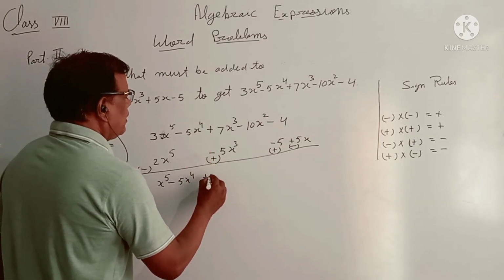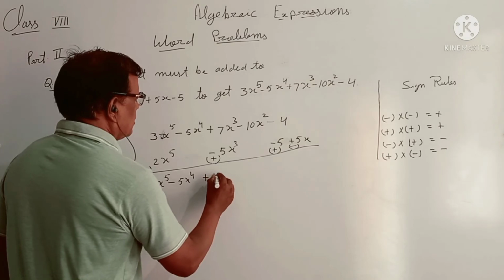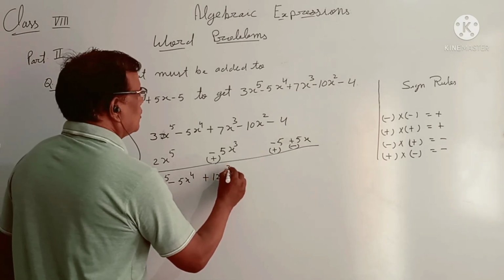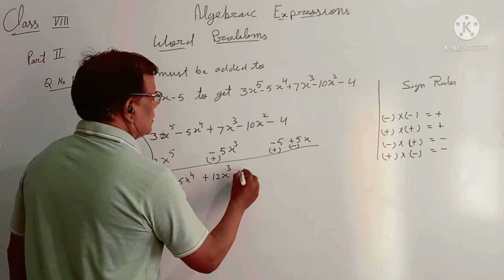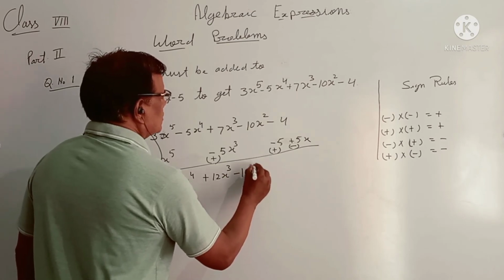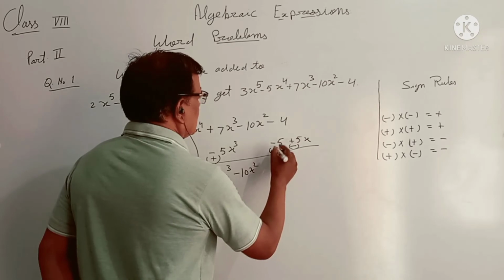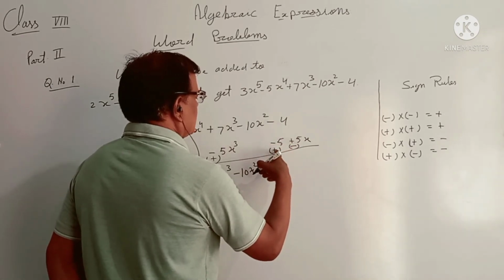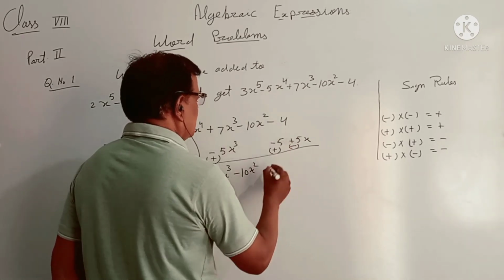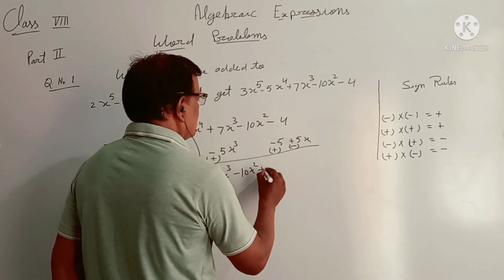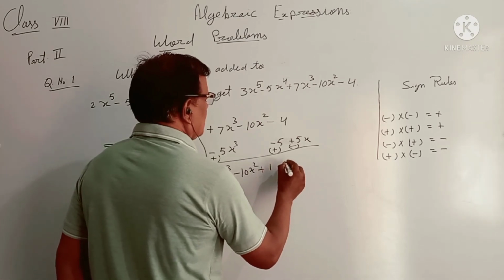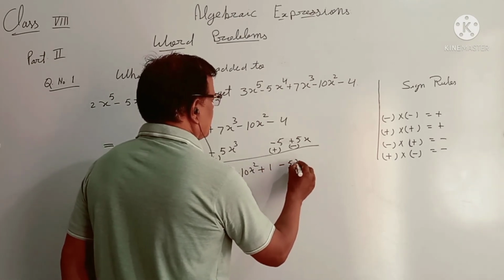Here both have the same sign, so we will add 5 and 7, 12x cube, minus 10x square. Then we write the constants. 5 is positive, 4 is negative. Here will be positive value 1. Then we write here minus 5x.